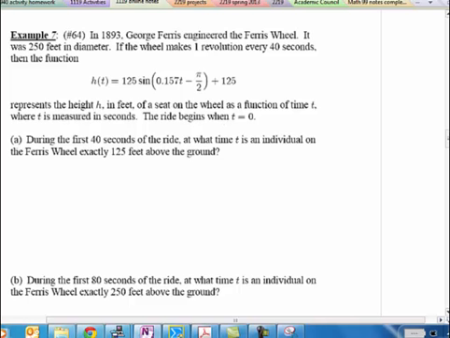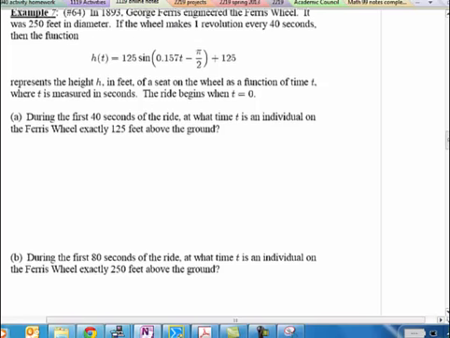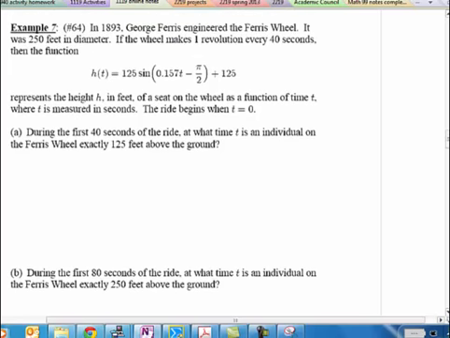So the first question is, during the first 40 seconds of the ride, at what time t is an individual on the Ferris wheel exactly 125 feet above the ground? So we would want to solve, putting 125 in for h of t.